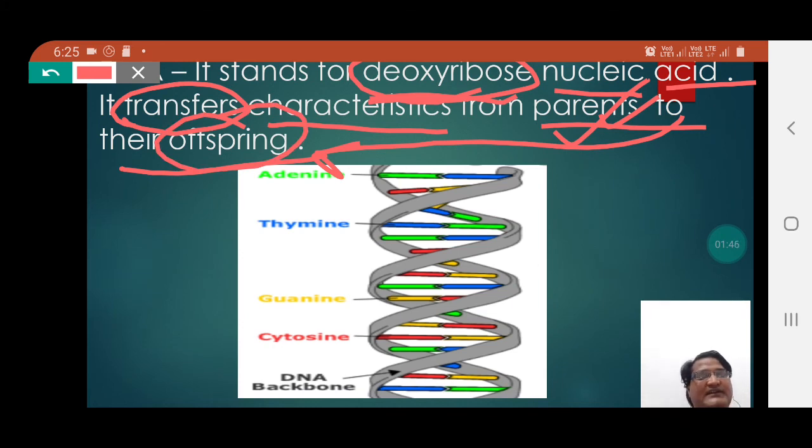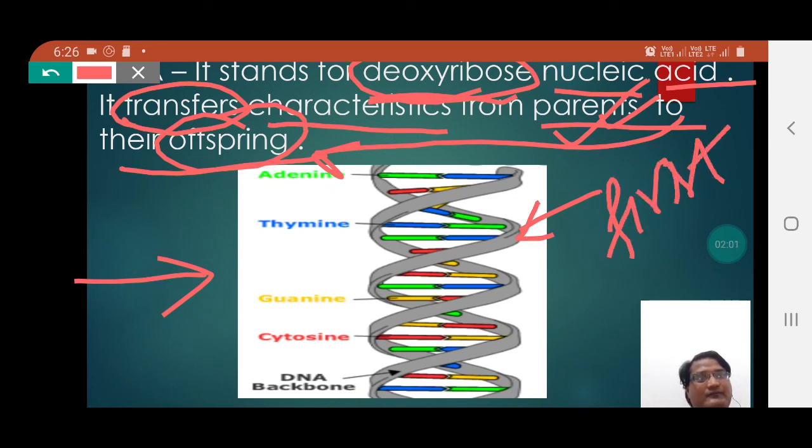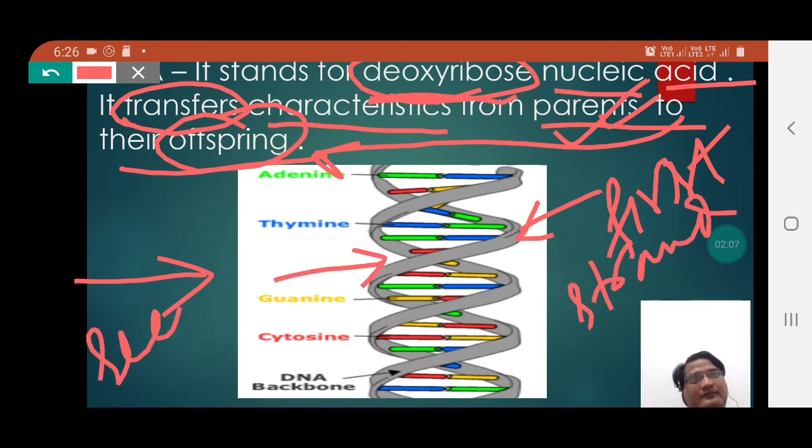So let's understand the diagram of the DNA which is given right here. Students, you can see that the DNA is a double helical structure. You can see here the first strand and here you can see the second strand.